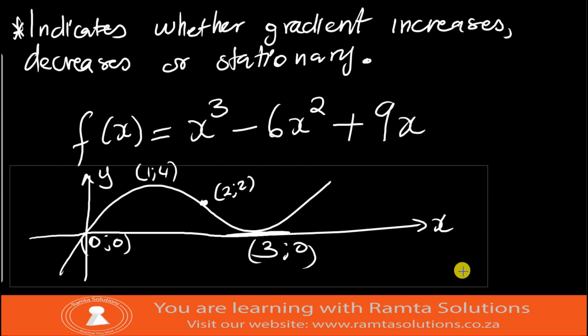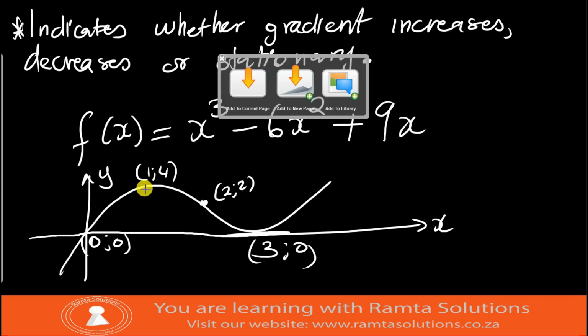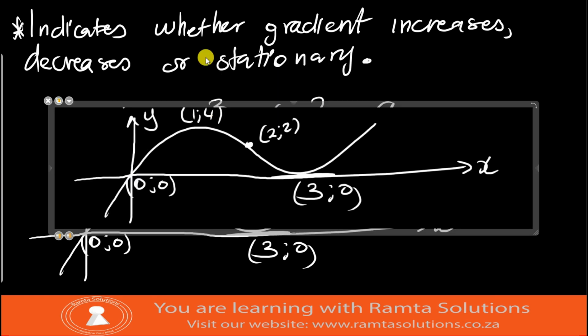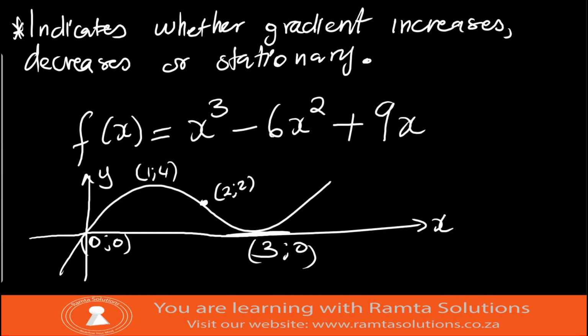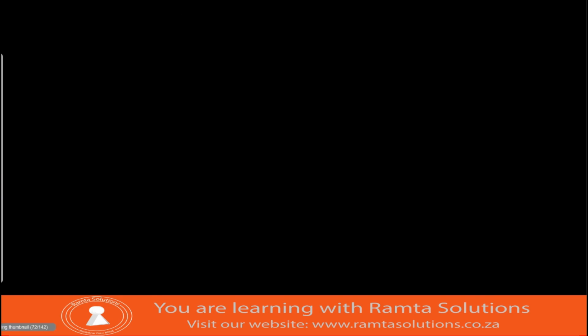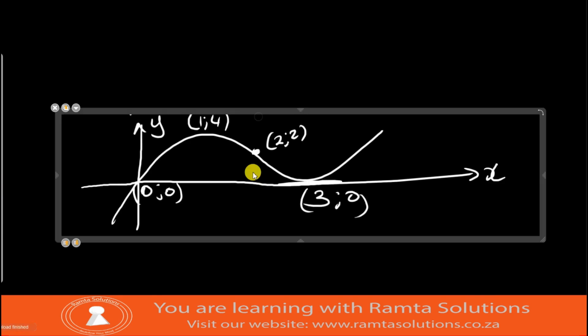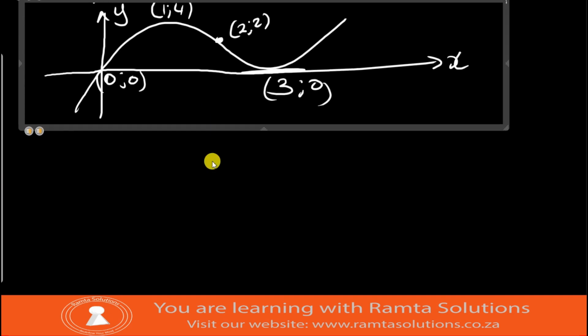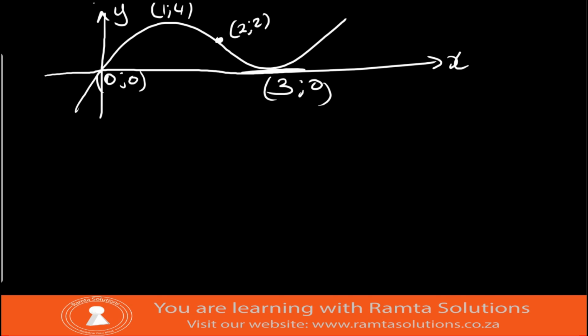Yeah, let me just copy the graph. Cut. Where is it? Cut. And then I'm going to paste it into this page. Let me see. Here it is. Perfect. So now we can see. Now let's begin.